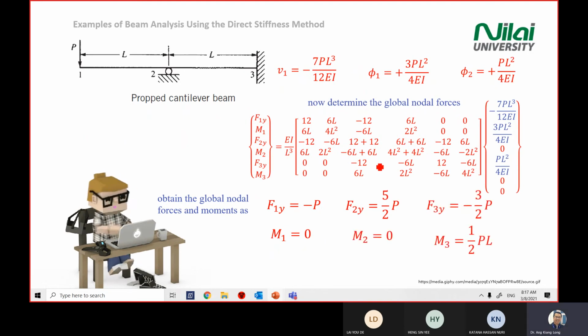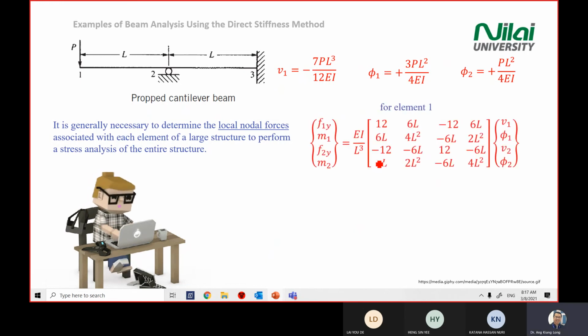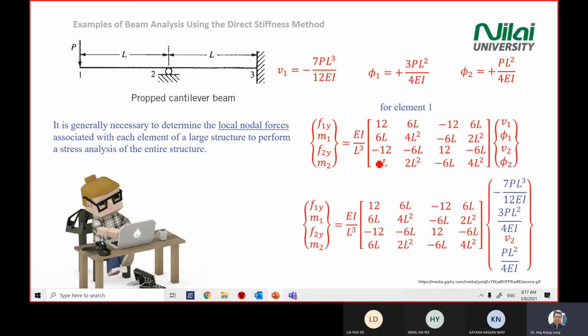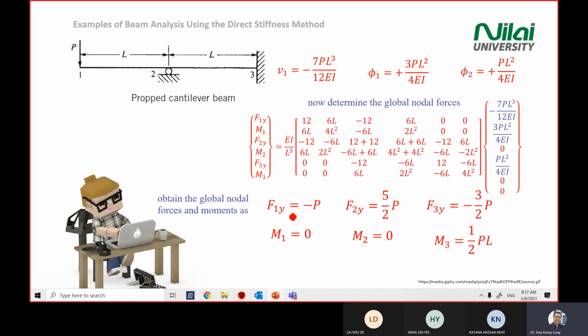Today, our focus will be on your free body diagram. What we did just now is on the global scale, where you have all the capital F and M. So when you come to your final exam, it will be a little bit deeper.